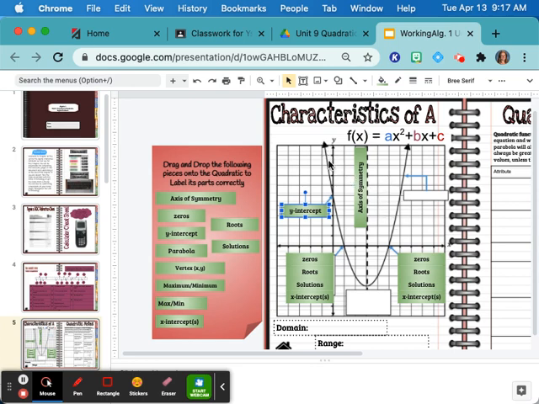This parabola is going down, down, down, up, up, up. So it is an upward parabola. So our point right here, what is that called? Where it changes direction. Max and min, yeah. It also has another name, vertex.